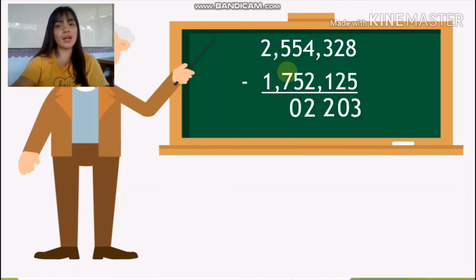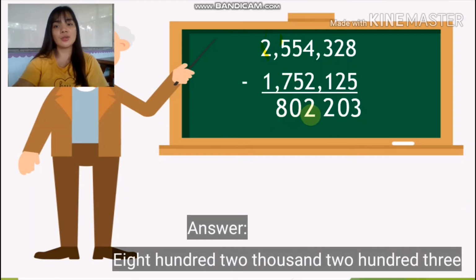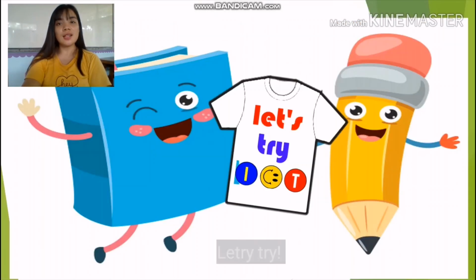Then 5 minus 7, use the borrowing technique. So cancel, makes 1, then 5, we put 1 to make it 15. So 15 minus 7 is equal to 8. Then 1 minus 1, that is 0. So our answer would be 802,203.